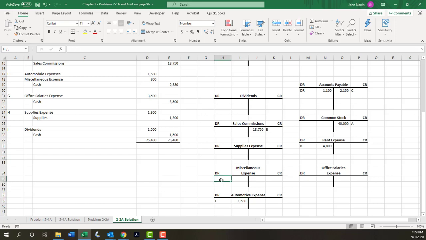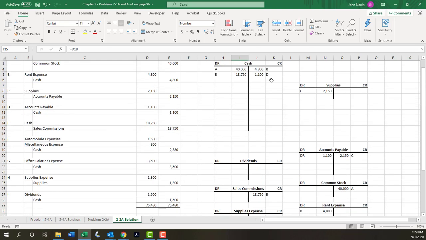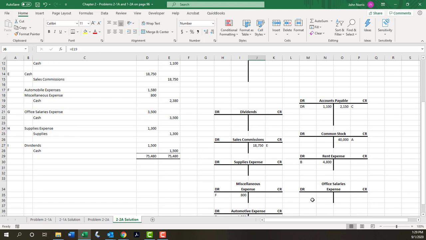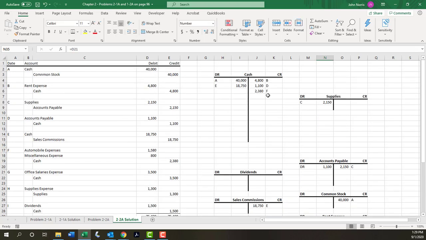Miscellaneous expenses. And we paid cash for them. Office salaries is G. Paid cash.